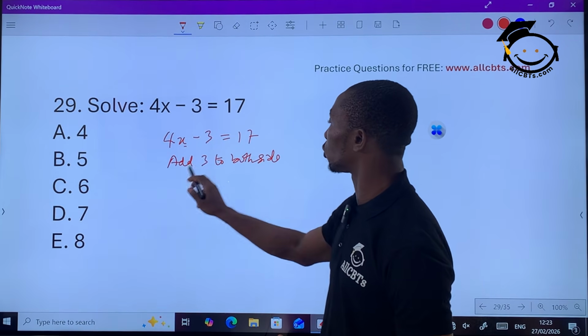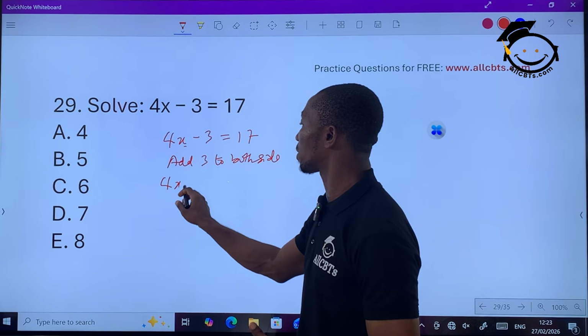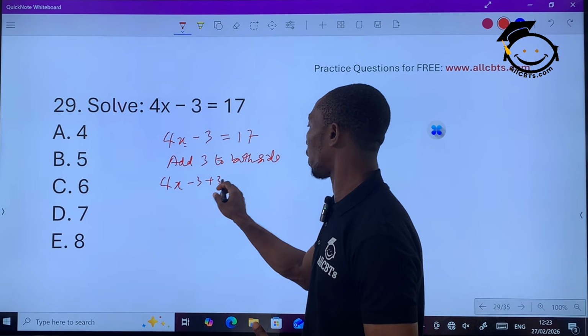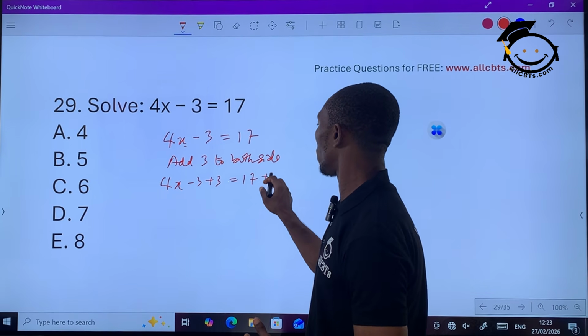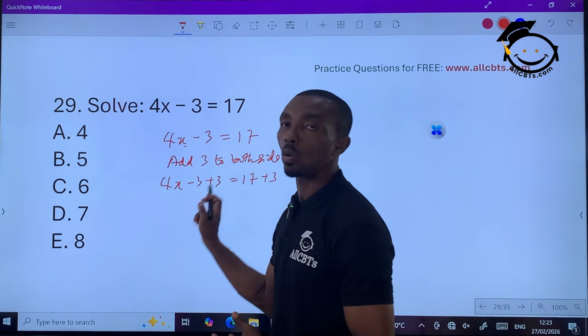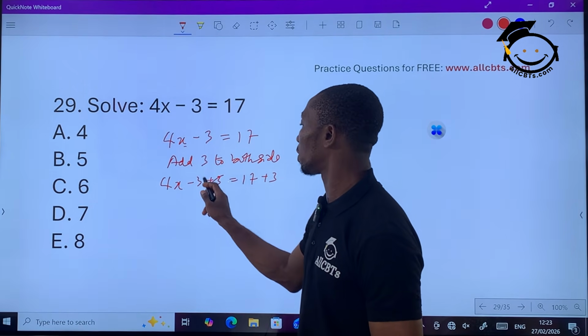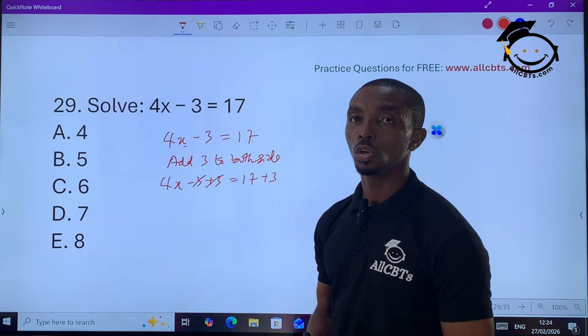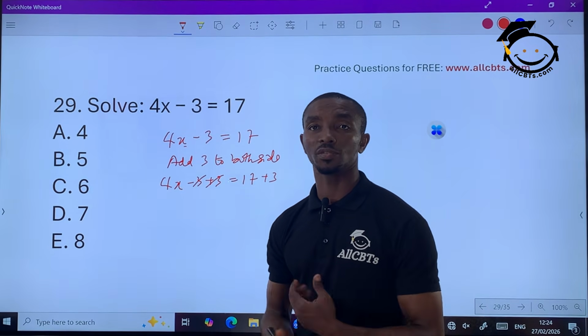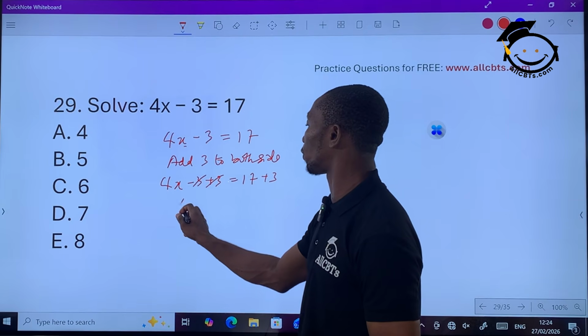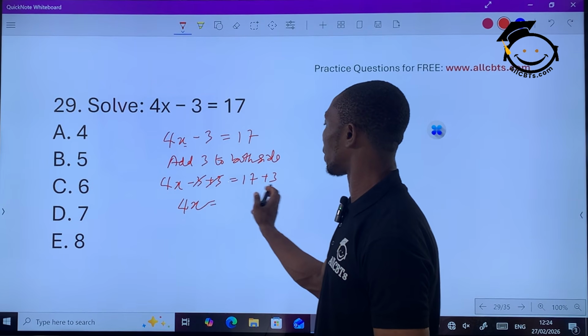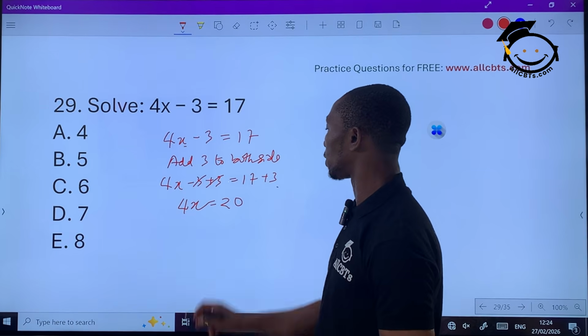So if we add 3 to both sides, this becomes 4x minus 3 plus 3 equals 17 plus 3. Minus 3 plus 3 cancels out to give us 0, just like saying 3 minus 3 gives us 0. Leaving us with 4x equals 17 plus 3, 20.